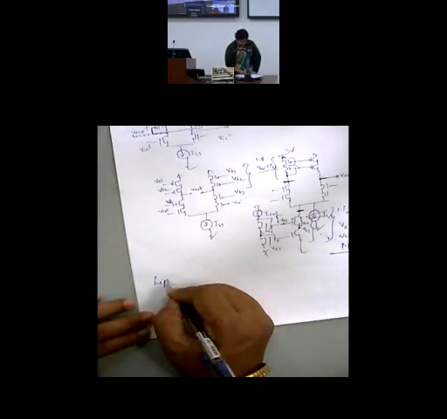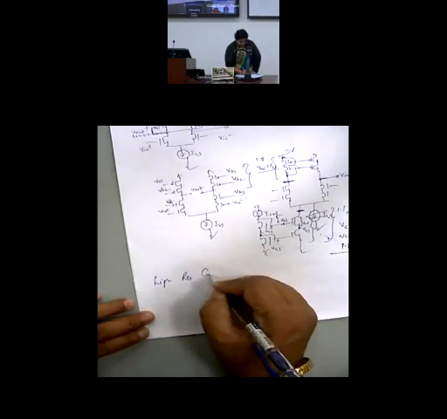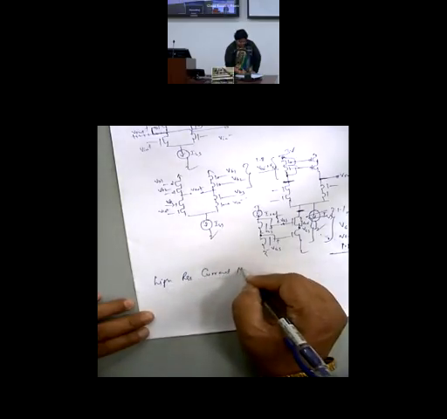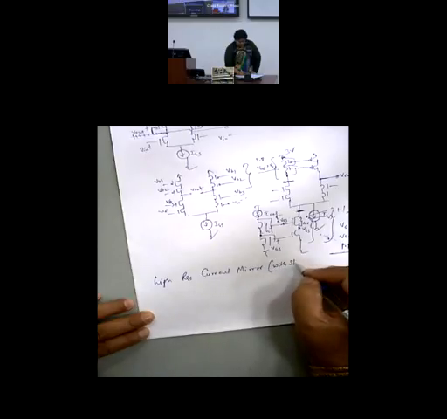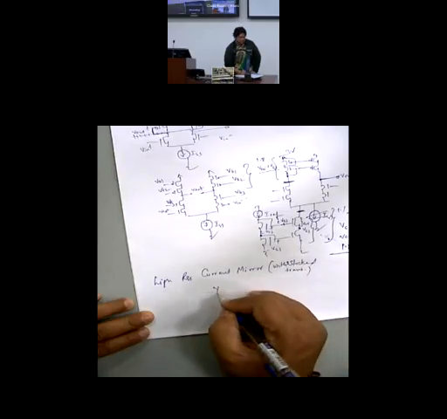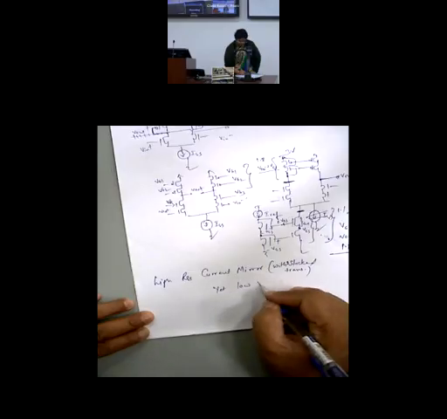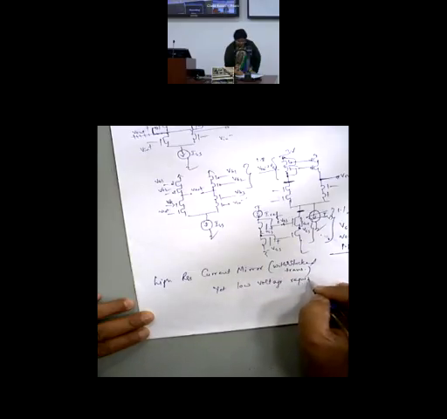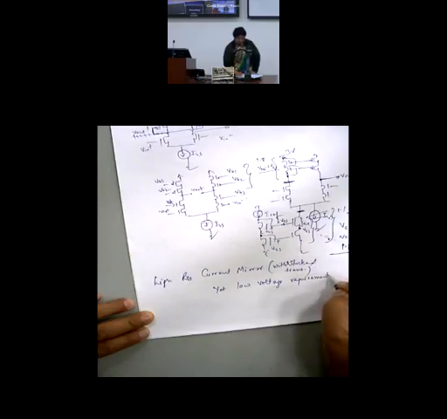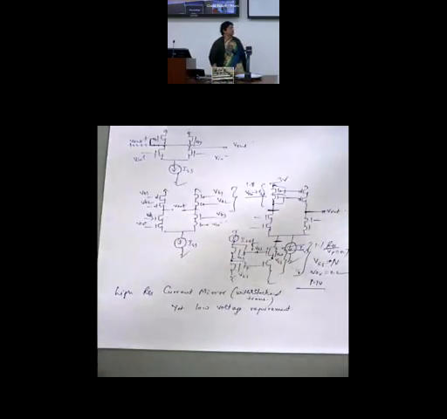So how to implement a high RSS current mirror with 2 stacked transistors, yet with a low voltage headroom requirement?